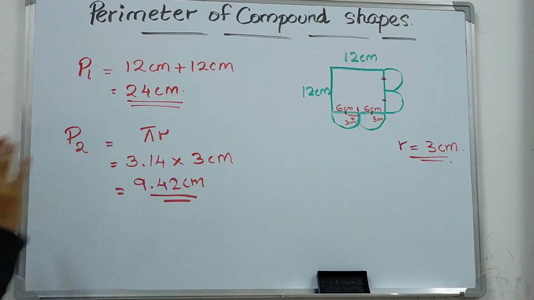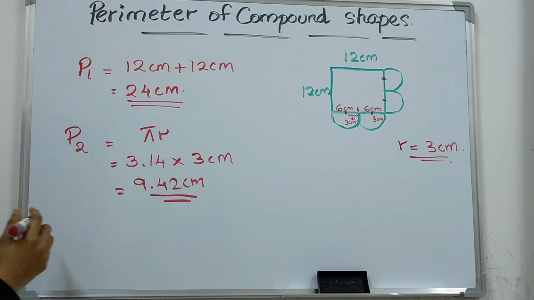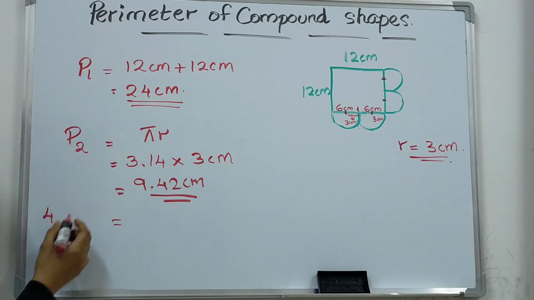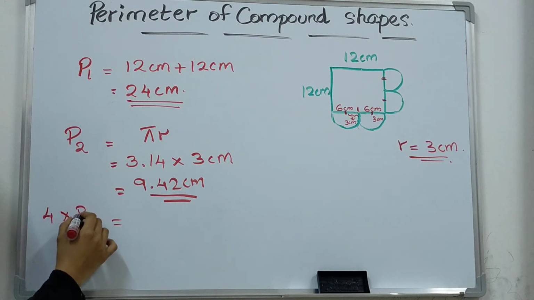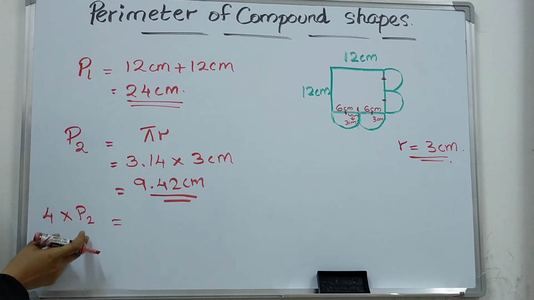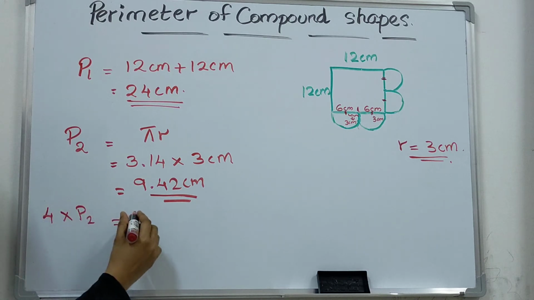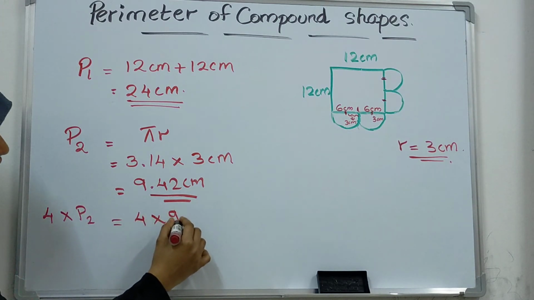No need, because the radius is same for all the semicircles. So I can just multiply by 4, because you will have to find the perimeter of 4 semicircles.